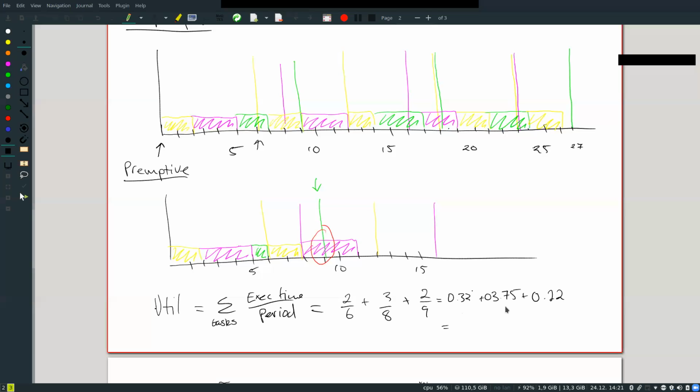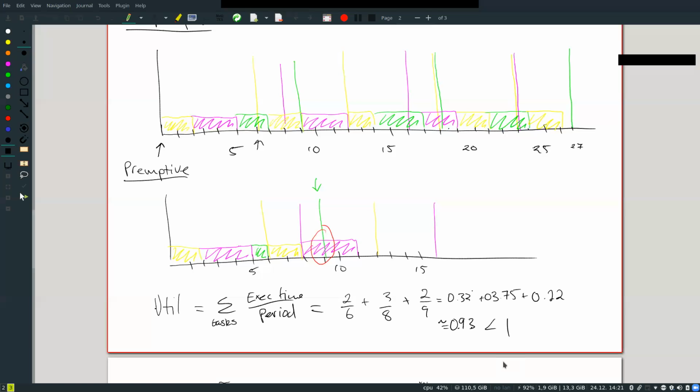So what that gives us is about 0.93. And so this is less than 1, because as you can imagine, 1 means 100% CPU utilization. And so this means that using a utilization test, this says, hey, yep, it's schedulable.